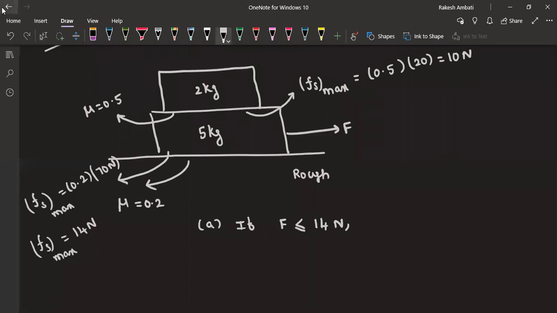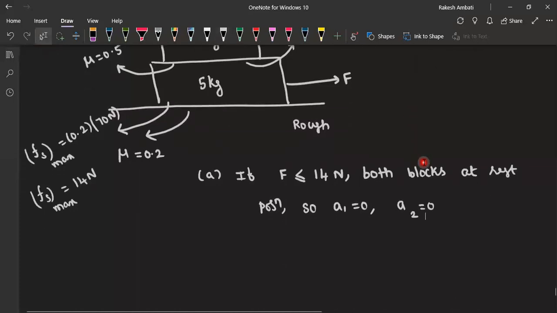Even if F is exactly equal to 14 newtons, they are ready to move. So if F is less than or equal to 14 newtons, both blocks are at rest. So a1 equal to 0 and a2 equal to 0.